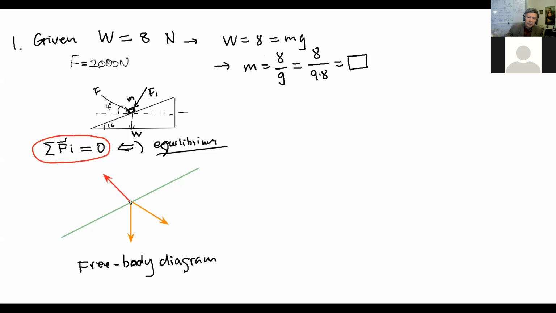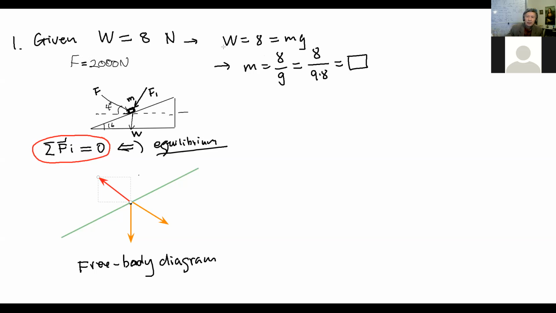Can you see? I just draw the force here, making sure it is not perpendicular to the surface. Of course, if you can prove that it is indeed perpendicular, that is just another issue. So in the first place, you have to assume that it's not perpendicular.